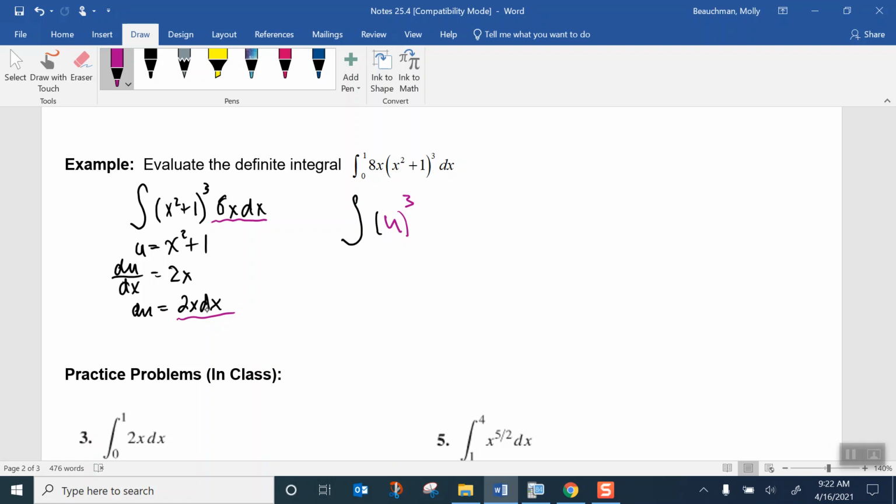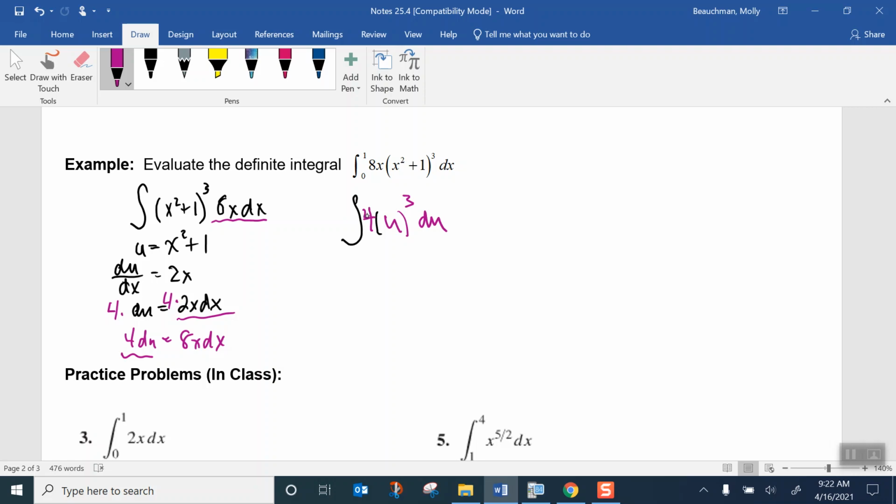So what do you have to multiply 2x dx by to get 8x dx? Multiply both sides by 4. So when we do that, we get 4 times du is equal to 8x dx. Now that they're the same, I can substitute the 4 du. So I'm going to put the 4 in the front, du.